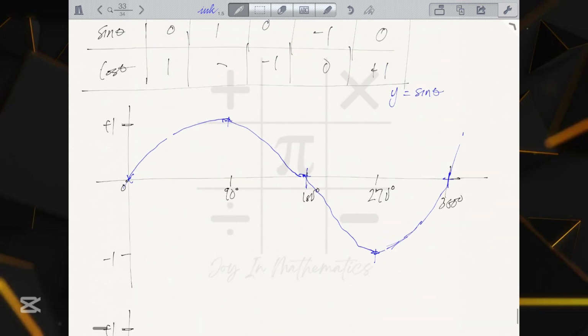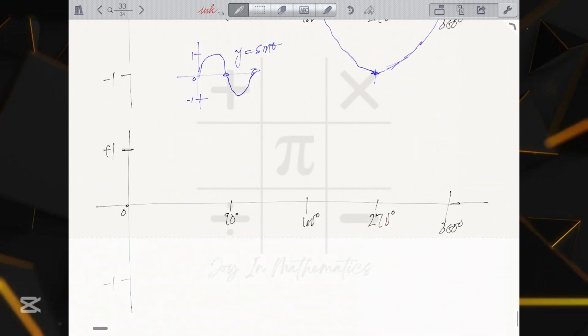So in conclusion, sine theta has the format of 0 to 1 to 0 to minus 1, back to 0. This is y equals sine theta.